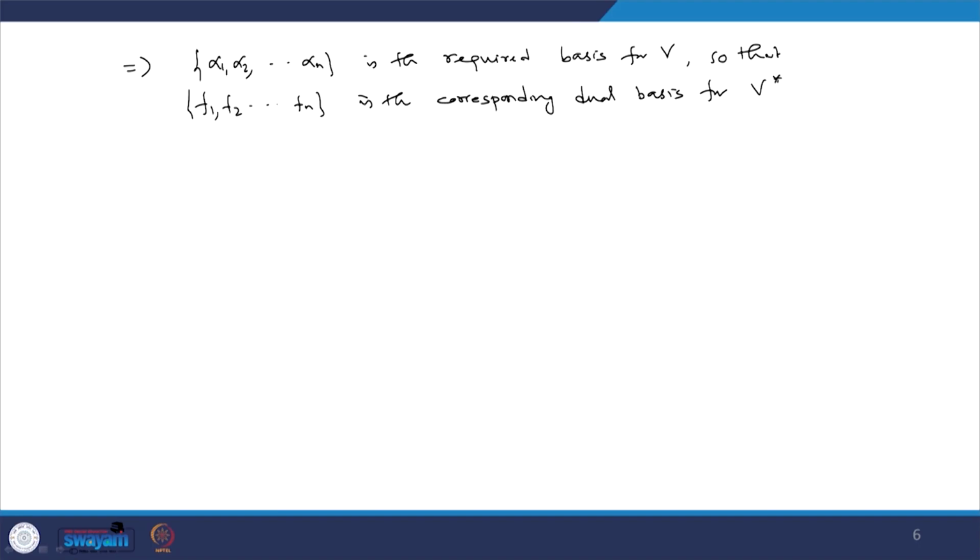So, we see that if we consider a basis f1, f2, fn of V star, certainly there exists a basis alpha 1, alpha 2, alpha n of V, so that f1, f2, fn is the dual of the alpha 1, alpha 2, alpha n basis.